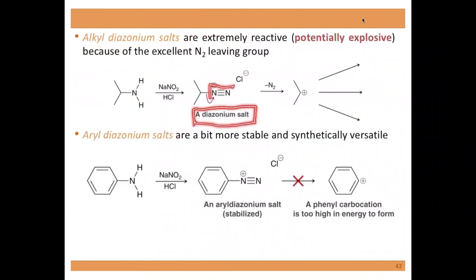Again, this N triple bond, which is kind of driving this reaction, is a very good leaving group. It's actually N2, so it could just leave as N2 gas and leave behind carbocations that can undergo rearrangements. So alkyl diazonium salts are extremely reactive, potentially explosive. So if you try to isolate these in the lab, just like azides, they tend to explode. And they explode by releasing N2 gas.